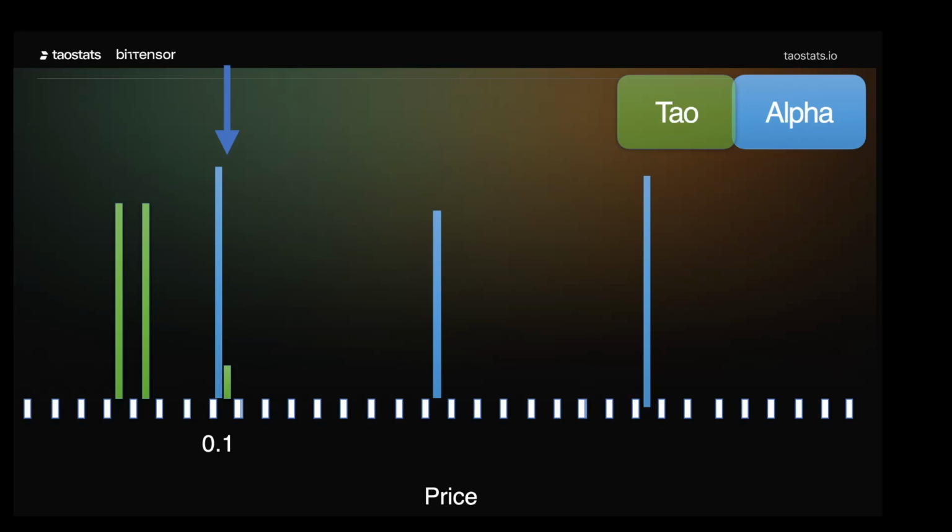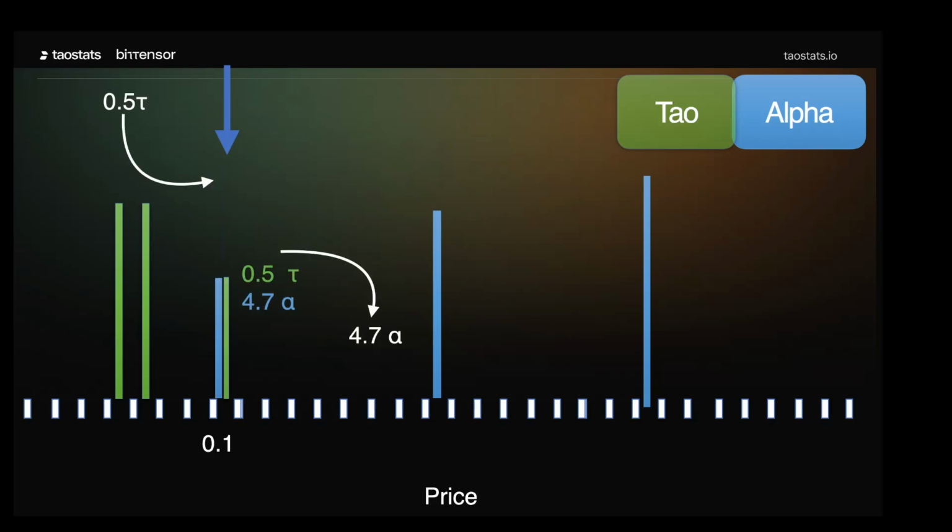So let's do an example. Here at this point, there's 9.7 Alpha in the liquidity pool. If I buy 0.5 Tau worth of Alpha, 4.7 Alpha comes out. And now at this tick, there's 4.7 Alpha and 0.5 Tau. The price doesn't change because we still have liquidity in this tiny little tick. But what happens if I put in 1 Tau?